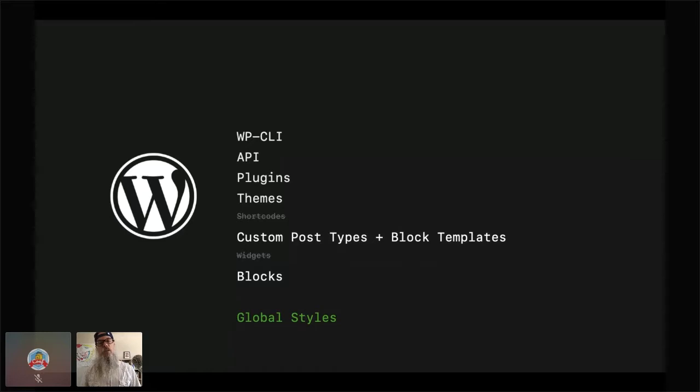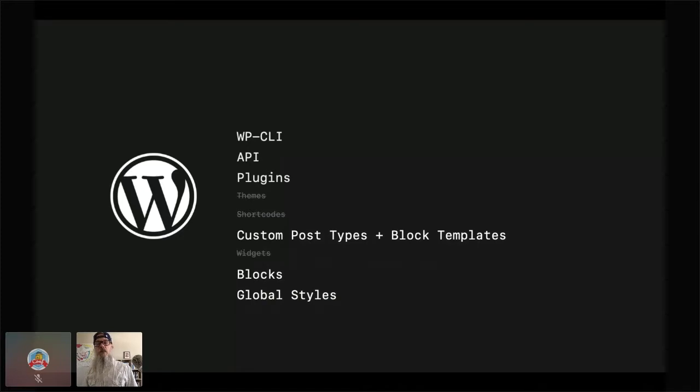So soon I could see something like global styles becoming a thing. And as these are merged in, that's going to transform the way themes are done. Themes are going to be about global styles, about ways in which they can inform the styling of the site and utilize the structure of Gutenberg blocks in various ways.